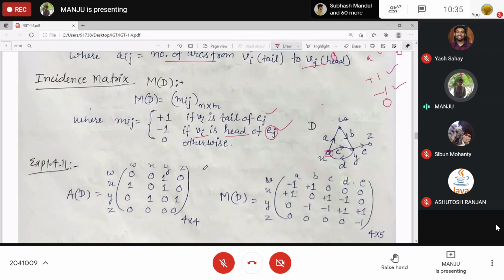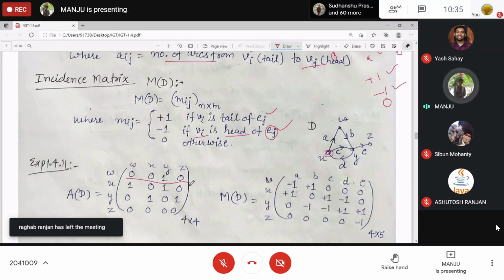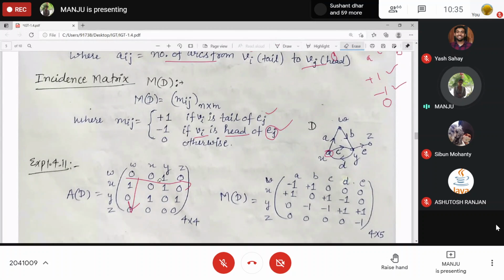But here it's not the same. You can see the first row is not the same as the first column, so its transpose is not the same as this one. That's why it is not symmetric. Clear? Yes, ma'am. It will be 4 cross 4. And MD, the incidence matrix, will be 4 cross 5.